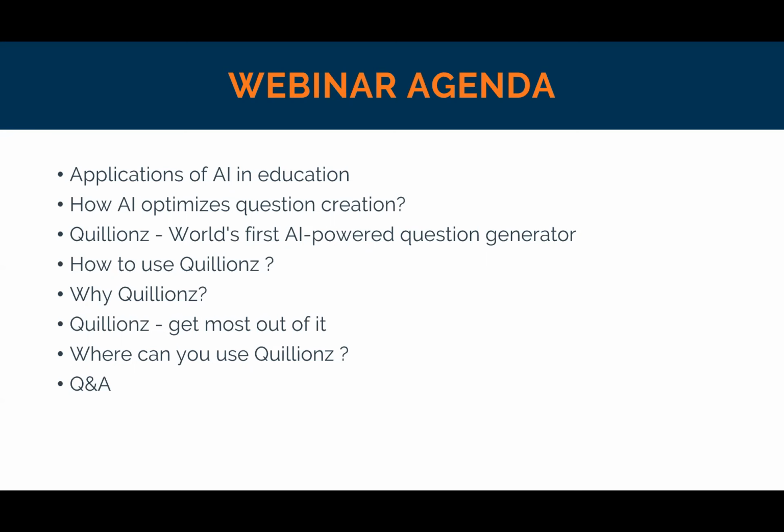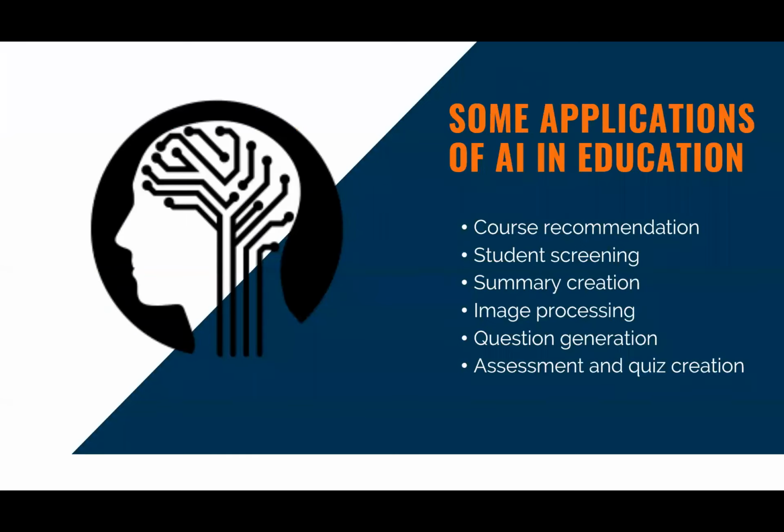So without wasting more time, let's talk about some of the applications of AI in education. When we look at the education domain nowadays, there is a lot of content overload, and AI is entering various fields.